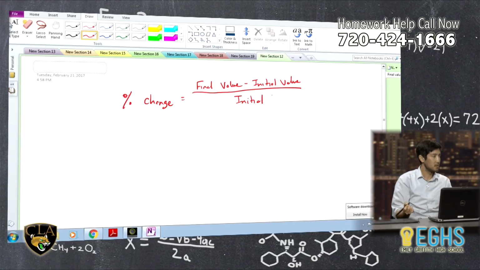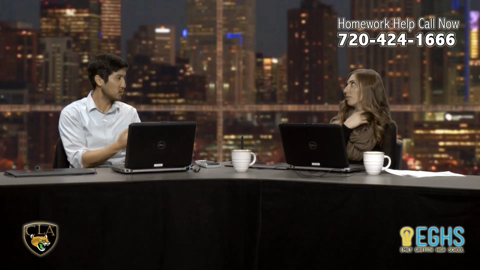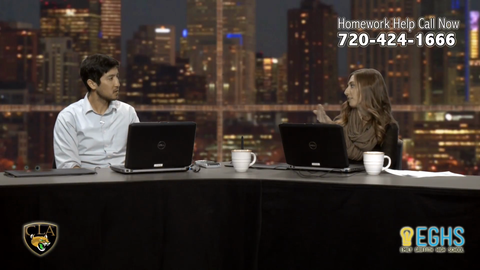Same thing, because the final value minus the initial is the amount of change. Sometimes students get hung up on what to subtract from what. It doesn't really matter, actually. You just have to know if it's increasing or decreasing. Okay, cool. Wasn't sure if there was anything else we could add.